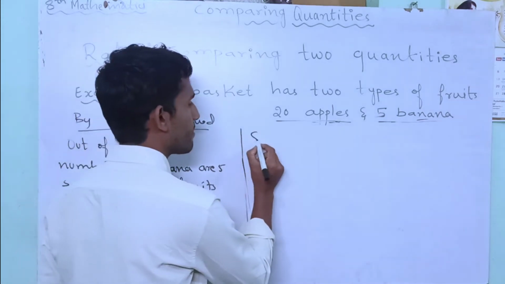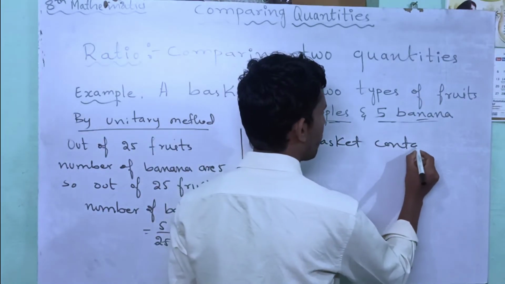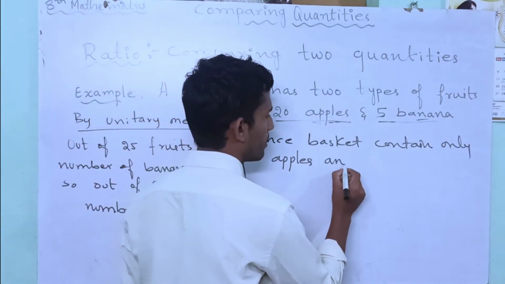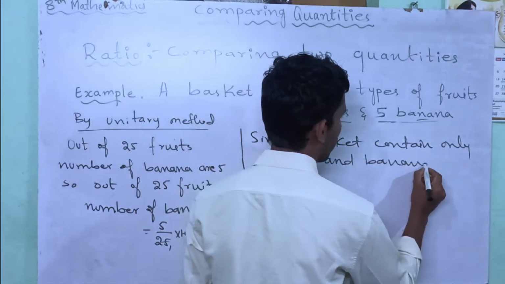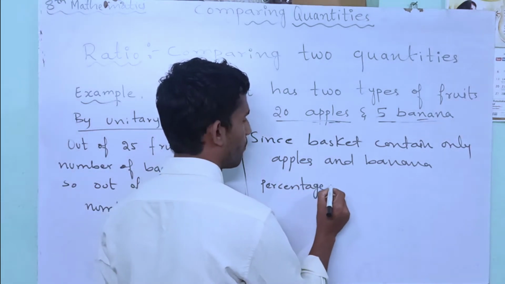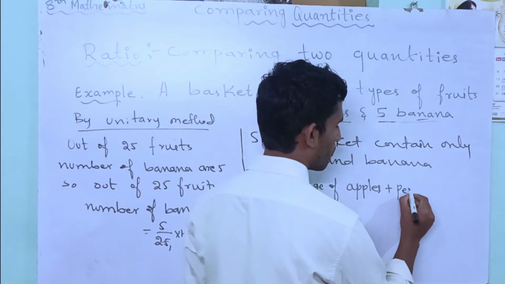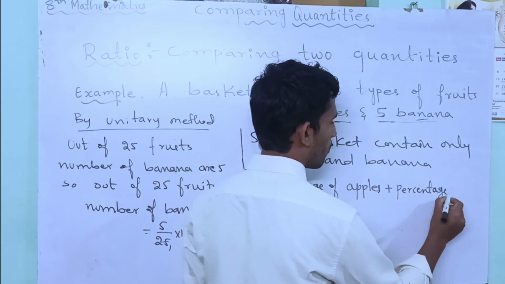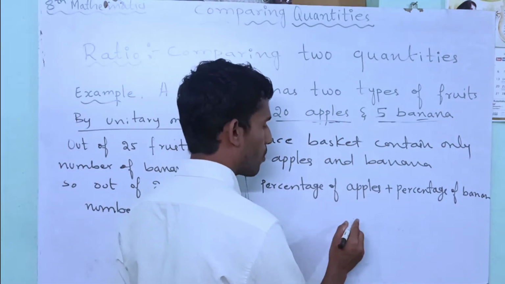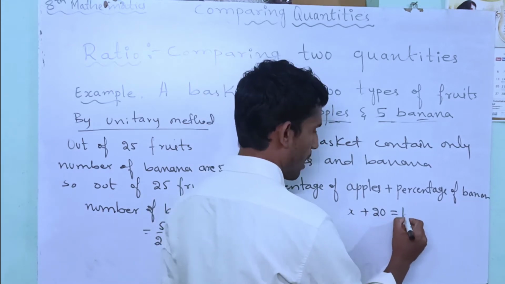Okay, next we can write: since the basket contains only apples and bananas, percentage of apples plus percentage of bananas. Here the percentage of apples we don't know, so I am taking x, plus the percentage of bananas we know, that is 20%, is equal to 100.